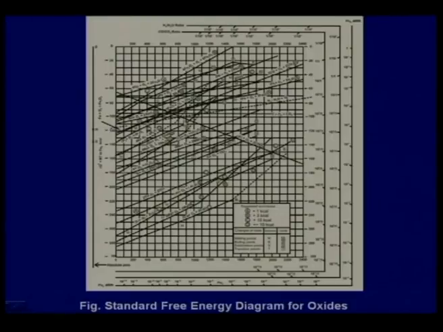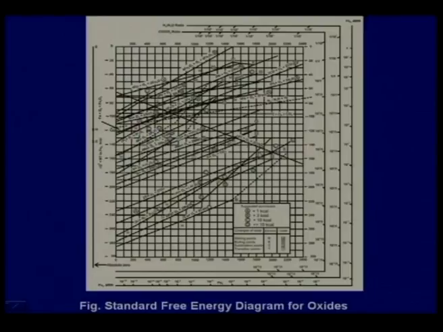So, if we reduce an oxide by carbon, then chances are that somewhere or other it will get reduced, and where it will get reduced we find from the intersection. Consider this reaction, a particular one which is very clear, 2Ti plus O2 giving 2TiO.